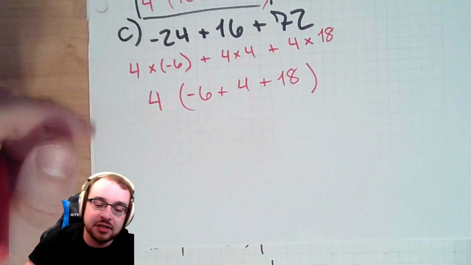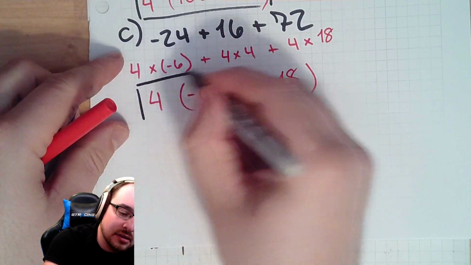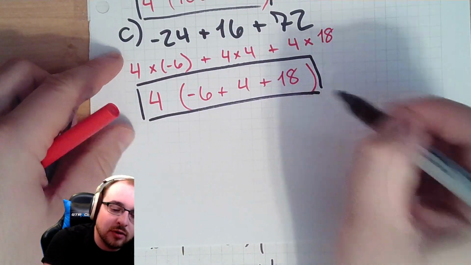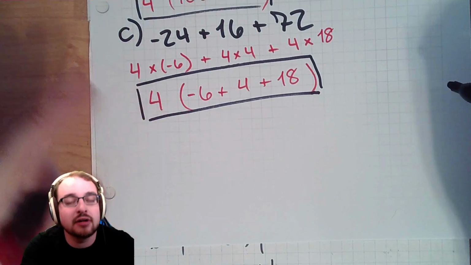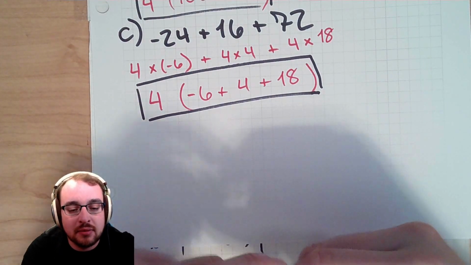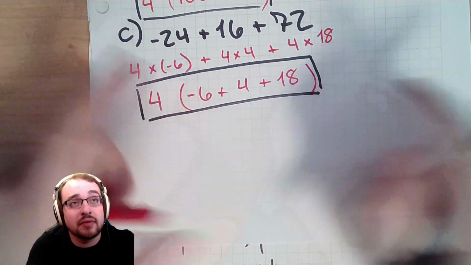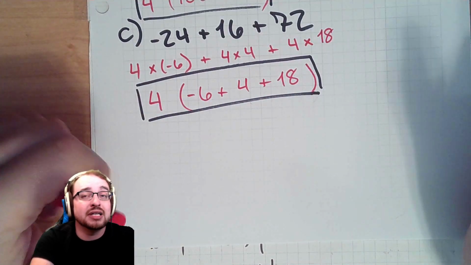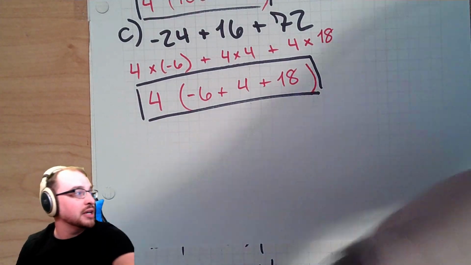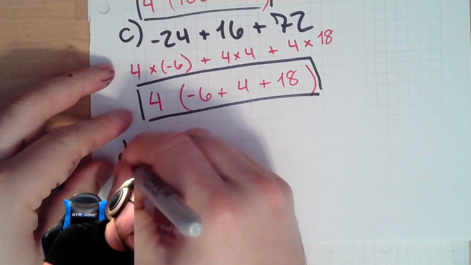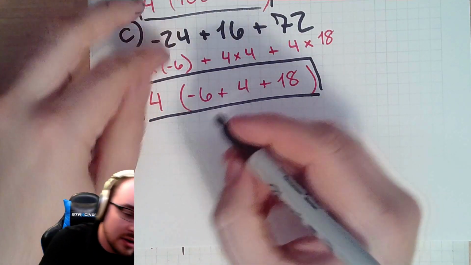So there's our factorization of negative 24 plus 16 plus 72, if we take out a 4. Now you might notice in this problem, in particular, these 3 terms also have a common factor of 2. So we can also take out a 2 of that. We'll talk about that in a second. Or maybe not in a second, but in a week or so.